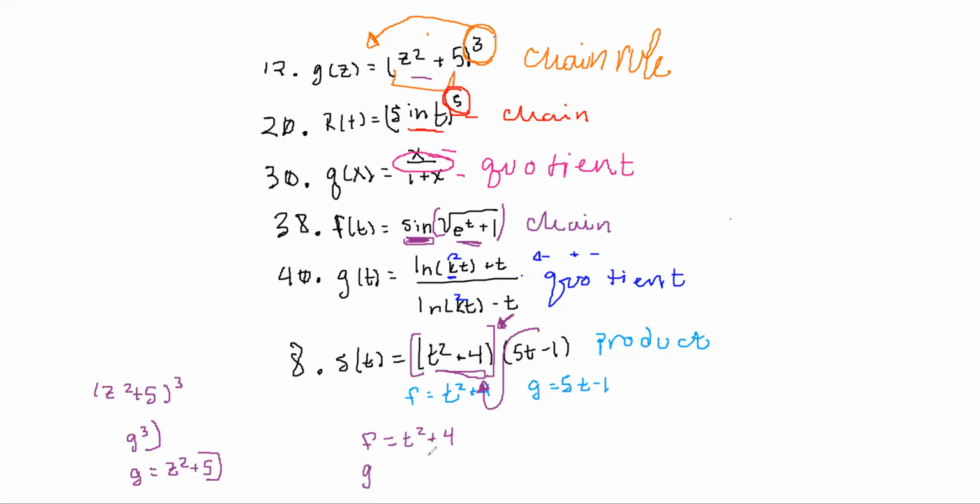Because if I were to try to find a g, I wouldn't know what to put here. And then I wouldn't be able to use this because I wouldn't know where to put it, because they're not acting directly on one another. So that is what I use at least to think about chain rule versus product rule.